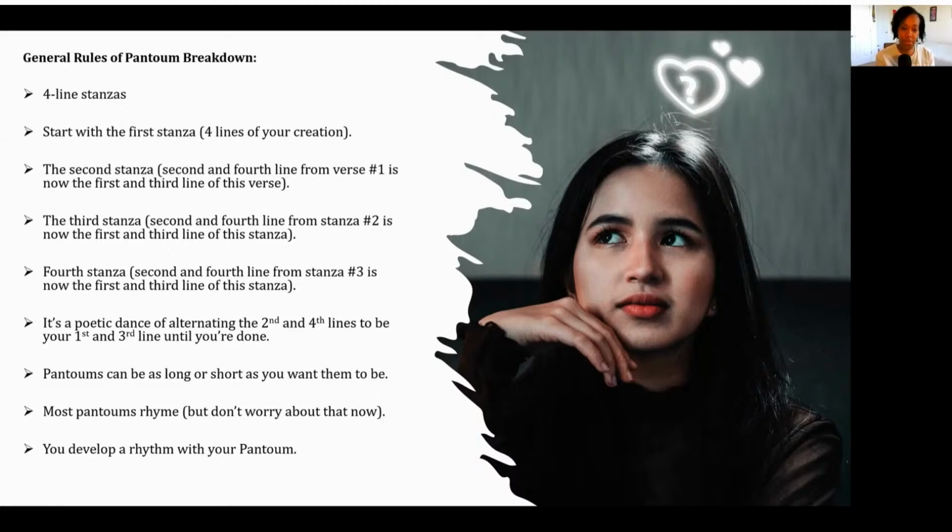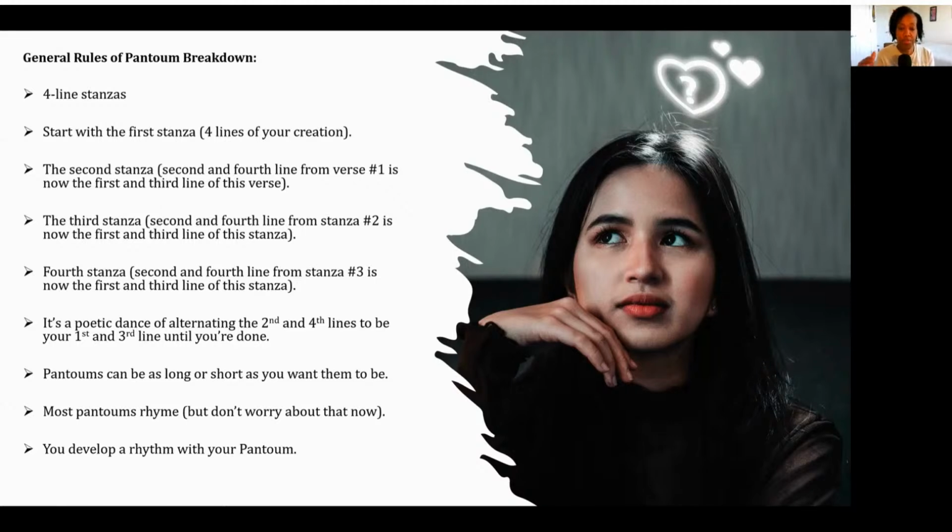So the second stanza is the second and fourth line from the first stanza is now the first and third line. People can also refer to them as verses. So we have verses, stanzas, or paragraphs. However, you're going to grasp this, okay? So the third stanza, again, we're taking the second and fourth line from stanza two, and it is now the first and third line of this stanza.